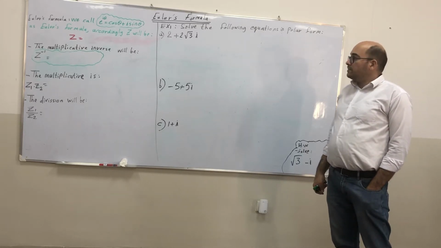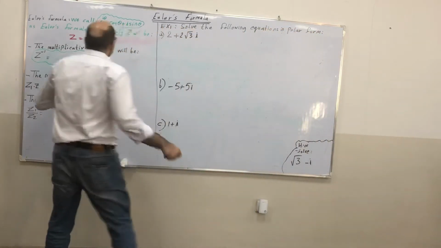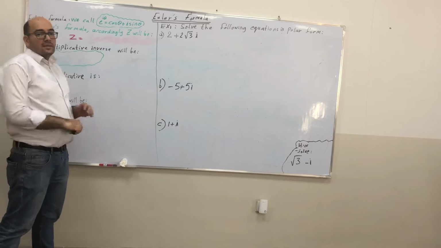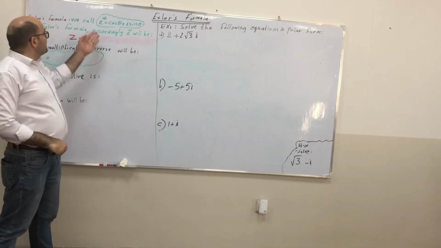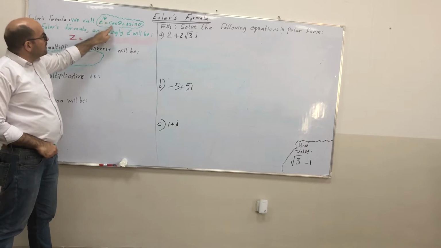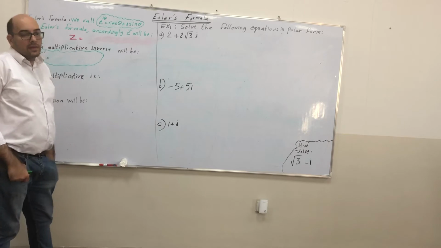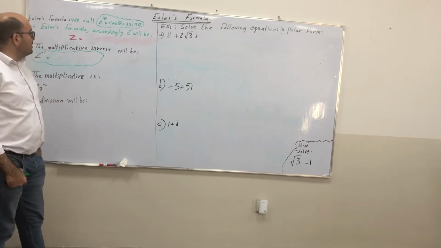We'll start with the easiest part of this section. I just summarized that the Euler form is e to the power of i theta, and it's equal to cosine theta plus i sine theta. What does this mean?